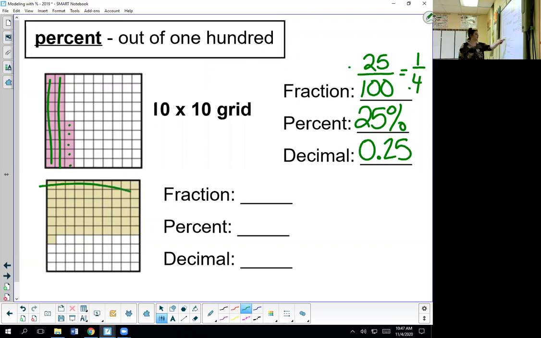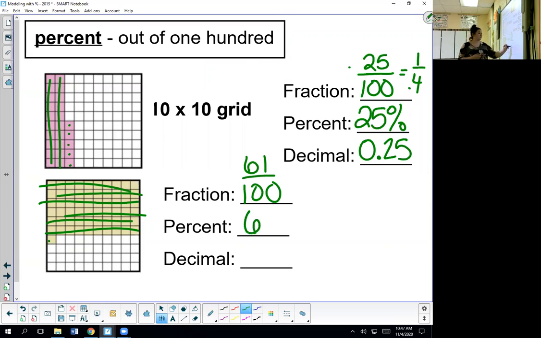Same thing here. I got 10, 20, 30, 40, 50, 60, 61. So I have 61 shaded in out of 100. 61 is prime, by the way. So what percent is it? 61%. And then if you see a pattern here, how do I write 61% as a decimal? Well, I know what 61 hundredths looks like. It'd be 0.61.